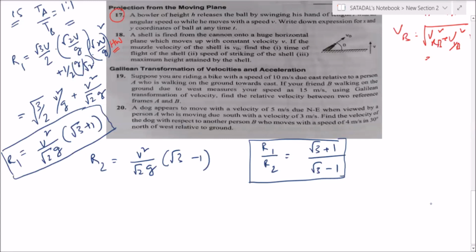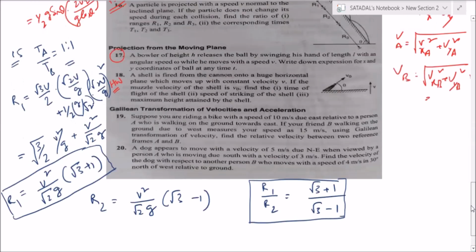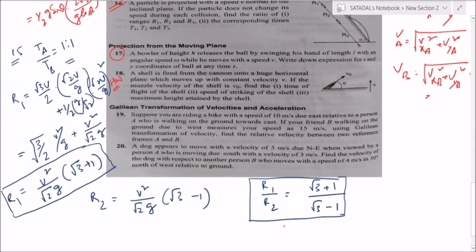Okay? Fine. Answer got? Naveen, it's okay? Okay. Vignesh? Okay. Chalo. Quickly, go on for question number 17.